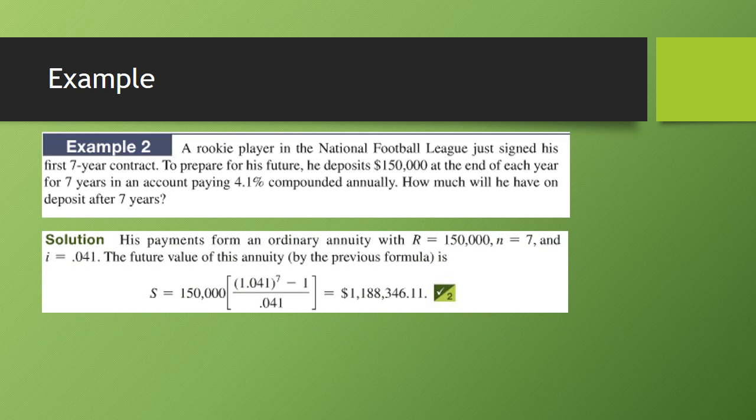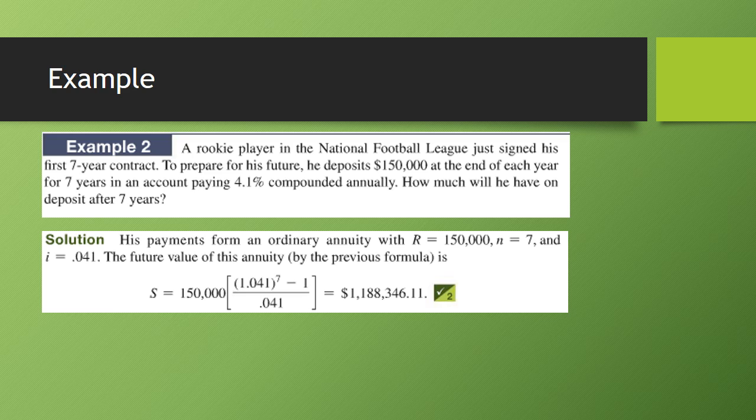Okay, it's an ordinary annuity because he is doing it at the end of each year. His payments are $150,000, which is represented by the letter R. N is 7 years, and the interest is 0.041. Okay, so we're going to use our formula. And it's being compounded annually, so when we do the 0.041, it would be over 1.